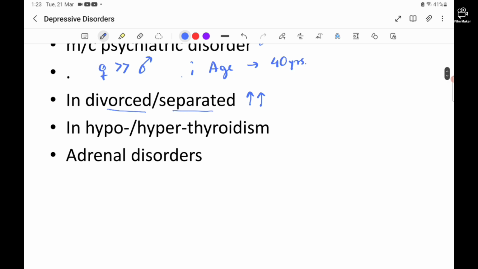It can be found in medical conditions as well, for example hypothyroidism and hyperthyroidism, and in adrenal disorders like Cushing's syndrome and Addison's disease.